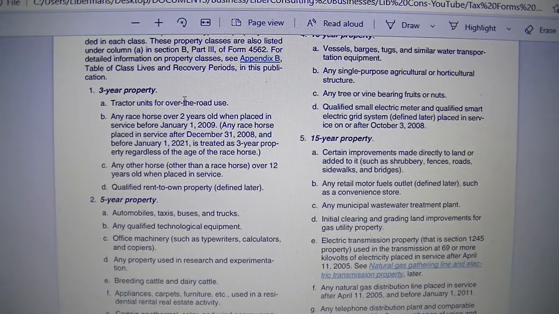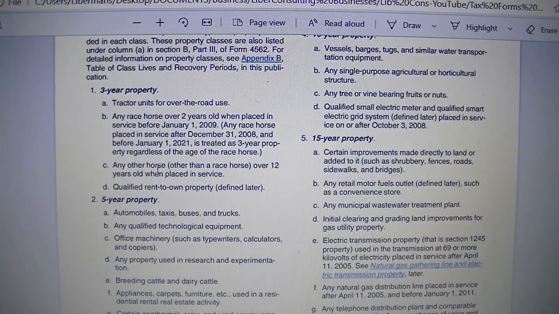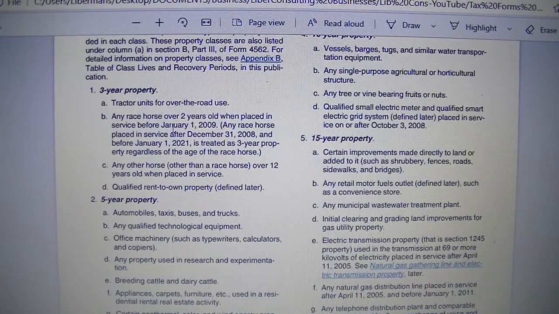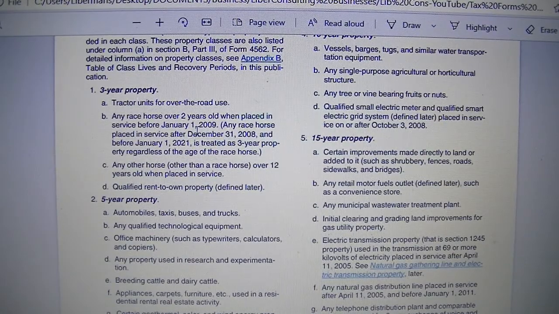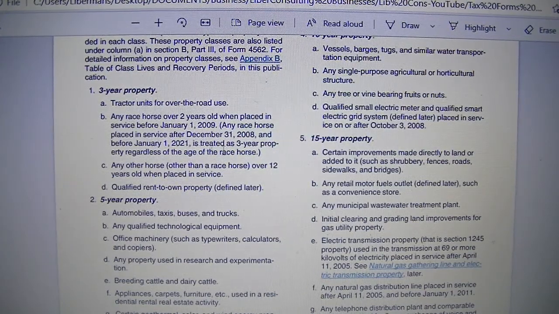So 3-year property will be horses: race horses over 2 years old if placed in service before January 2009, and any age race horses if placed in service before January 1st, 2021.